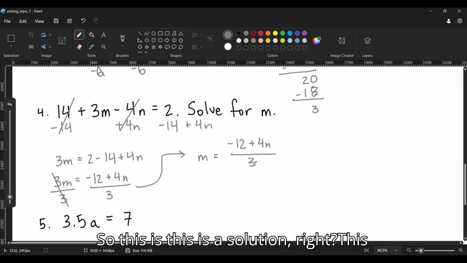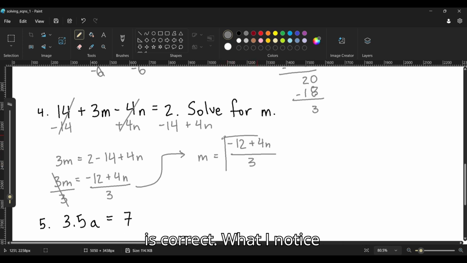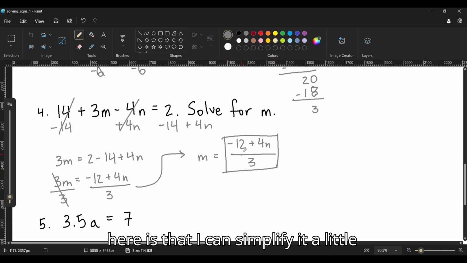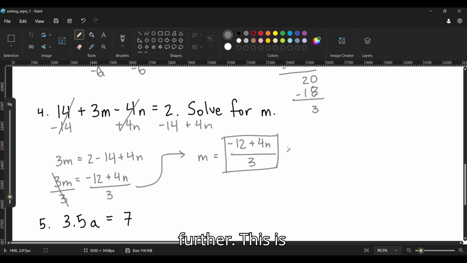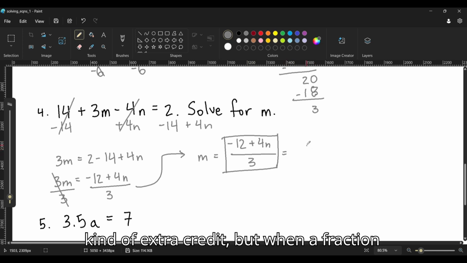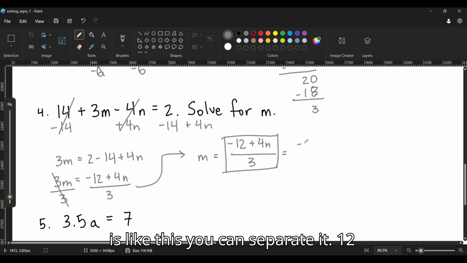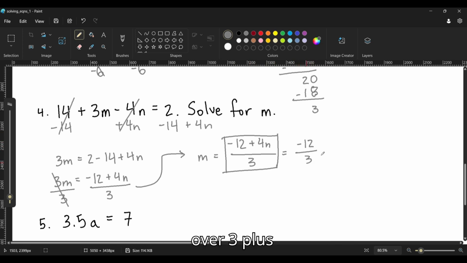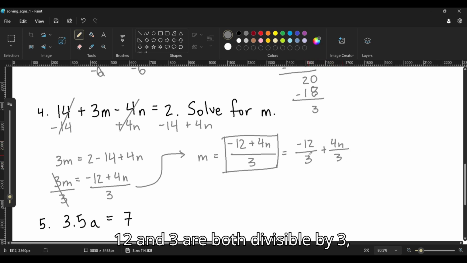So this is a solution, right? This is correct. What I notice here is that I can simplify it a little further. So, and this is kind of extra credit, but when a fraction is like this, you can separate it. -12 over 3 plus 4n over 3. 12 and 3 are both divisible by 3.